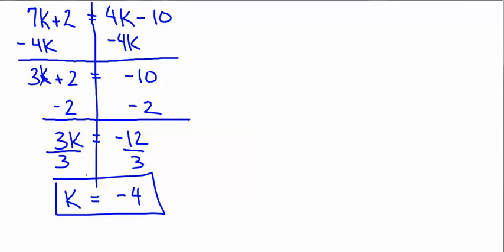Turn the page. 112 up on top, solving an equation with grouping symbols. So now we got 2 times 5x minus 1 equals 3 times x plus 11. That's distributive property on both sides, isn't it?